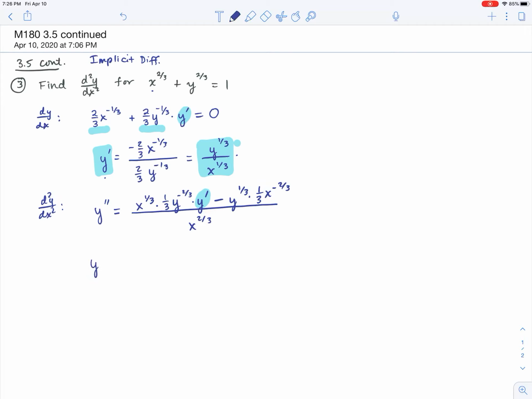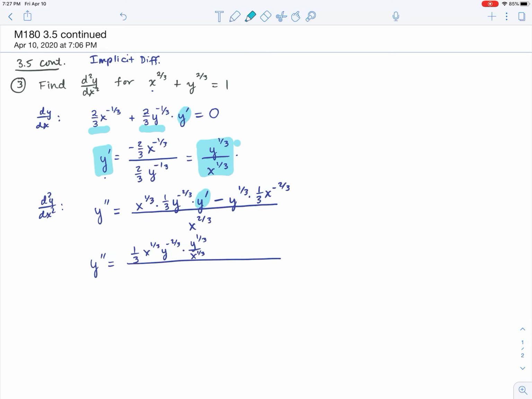So let's see, y double prime equals this first term. I'm going to bring the 1/3 forward, and then let me go ahead and write the x to the 1/3, y to the negative 2/3 times what y prime is, which is y to the 1/3 over x to the 1/3.